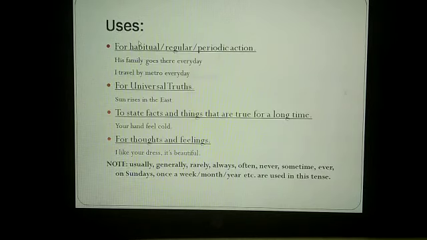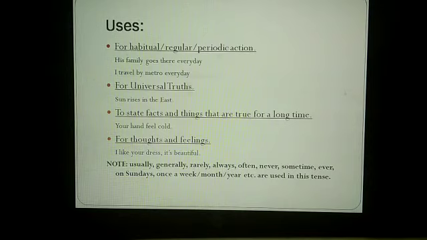Next, when do we use simple present tense? We use simple present tense for habitual, regular, periodic actions. For example, his family goes there every day. I travel by metro every day. For universal truths, we use simple present tense. The sun rises in the east. To state facts and things that are true for a long time. Your hand feels cold.